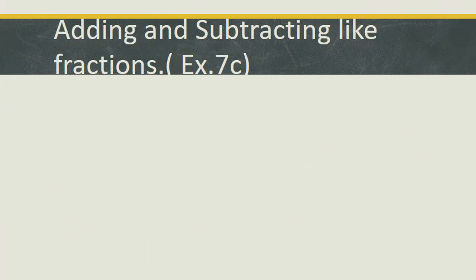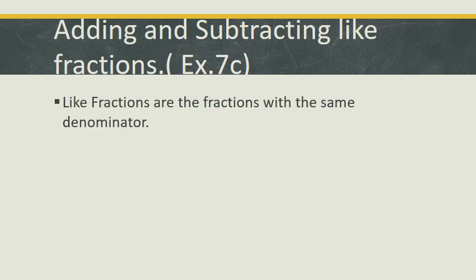Let's come to exercise 7C, which is adding and subtracting like fractions. Children, like fractions are the fractions with the same denominator. As we all know, a fraction has two parts, numerator and denominator. So, those fractions which have the same denominator are called like fractions.